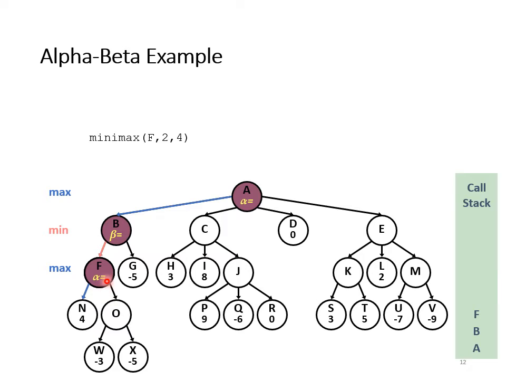Now we have to assign the value of alpha by this node. Alpha will take max value, and this max value will come from N's value and O's value. So first of all, from the left side we will assign alpha the value of N. So we are working here on N, and N is your terminal node.